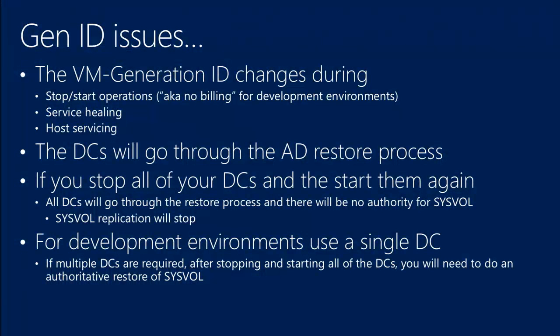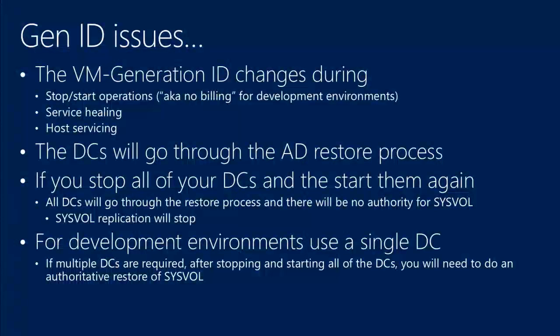So there is a potential problem, if you are running an environment where you've got multiple DCs, that when they start up again they will say, oh, the generation ID has changed, therefore I'll do effectively an AD restore. No problem there at all. Replication will work perfectly. But sysvol does a non-authoritative restore, and sysvol does a non-authoritative restore on the next machine.